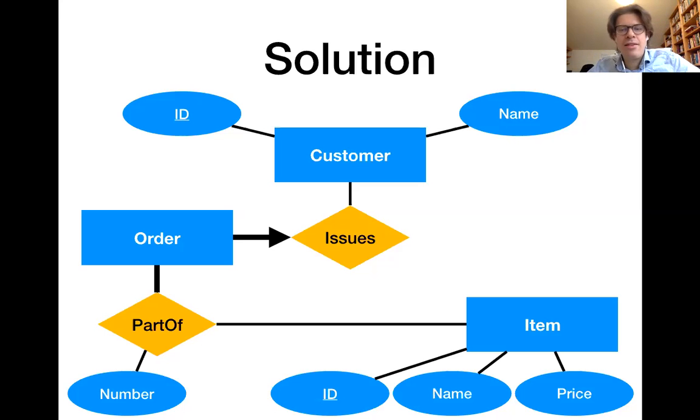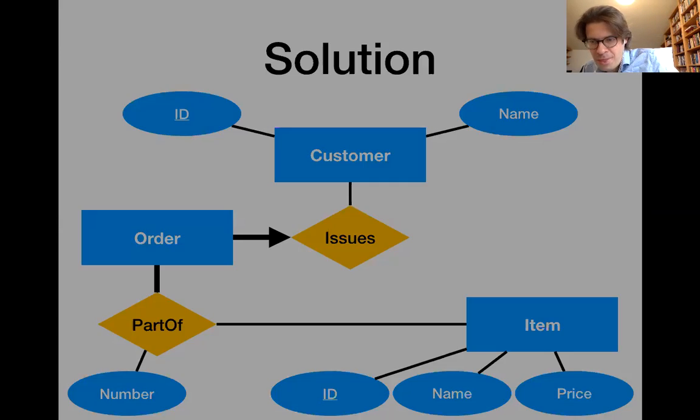Since the relationship connects specific orders and items, we might also have multiple items of the same type, and in order to model that situation, we introduce the number attribute. Also between order and customer, logically an order needs to belong to exactly one customer. This is what the constraint here with the thick line and the arrow is expressing.